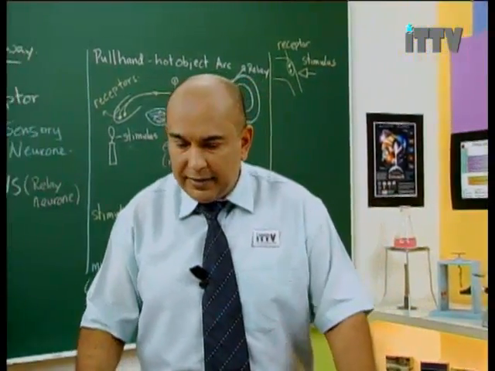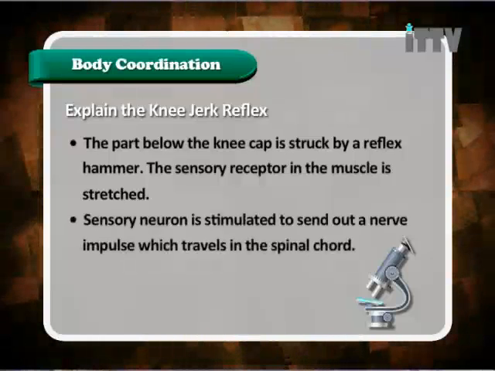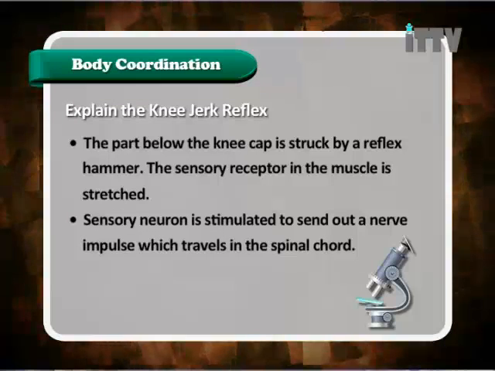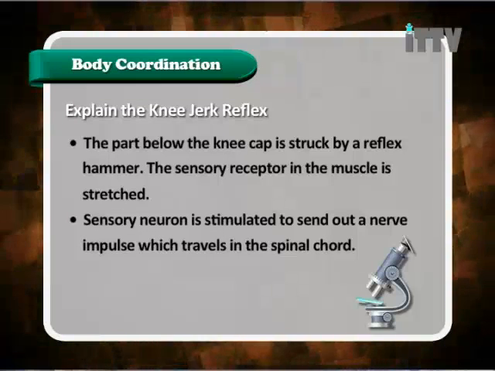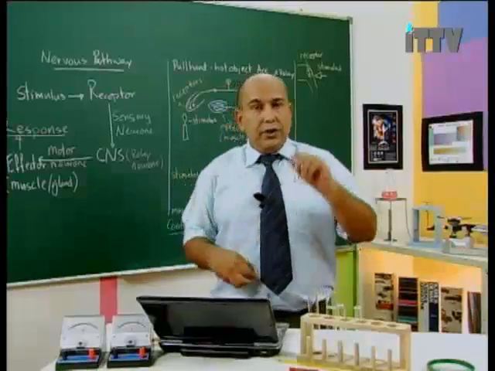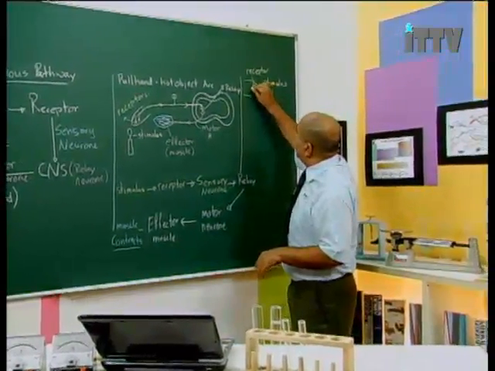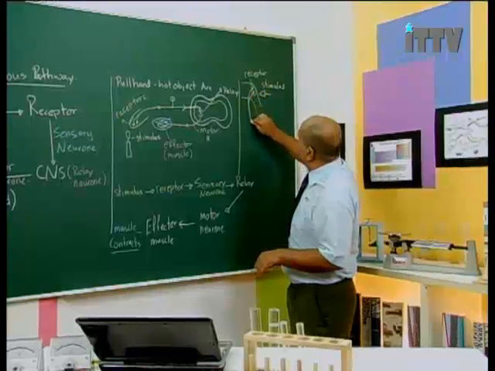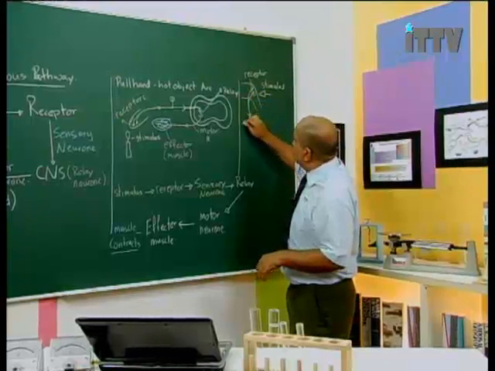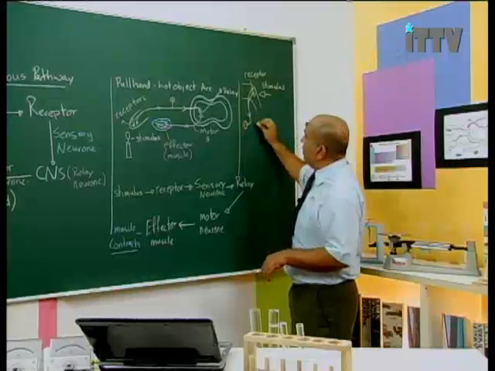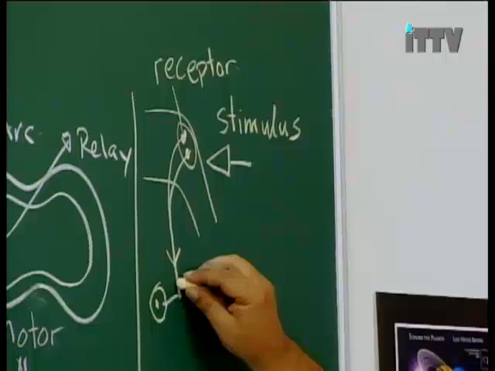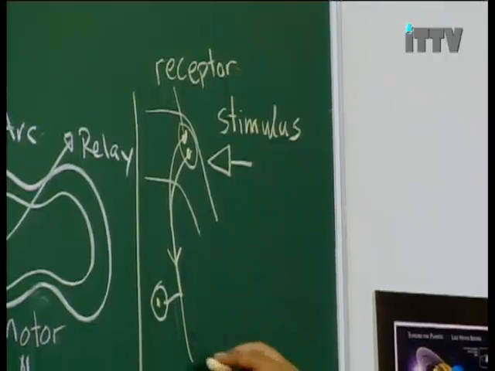Let's go back to the slide. Sensory neuron is stimulated to send a nerve impulse which travels to the spinal cord. So the receptor now sends a message through a sensory neuron, remember, cell body outside, and it goes to our spinal cord.